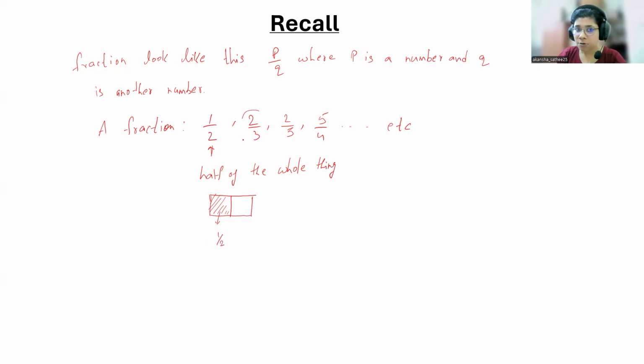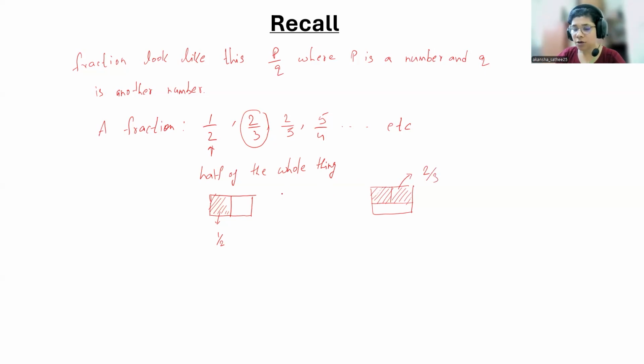So this part is 1 by 2 of the whole thing. Similarly, let us consider a box for 2 by 3. The denominator is 3, so divide this box into 3 pieces. Now we are talking about 2 out of 3 pieces. So 2 by 3 means 2 pieces we are interested in. This shaded region is 2 by 3. Is that clear?